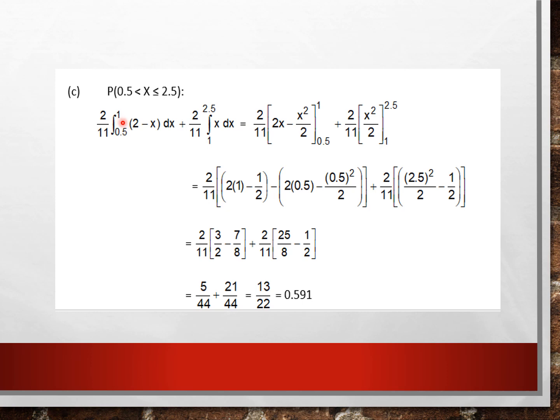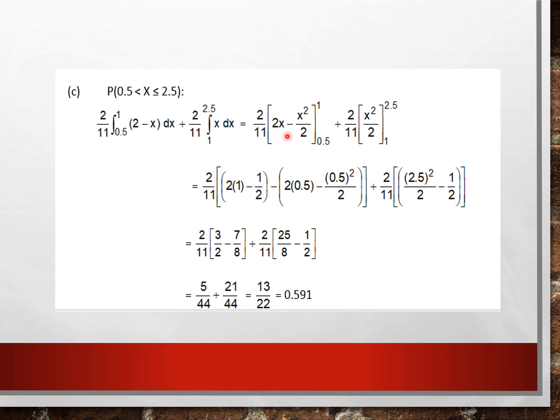For question C, find the probability x between 0.5 to 2.5. In order to calculate the probability, you have to break it down into two intervals. First, for the first function, you integrate from 0.5 to 1. And for the second function, you integrate from 1 to 2.5. So this is the function when you have integrated.